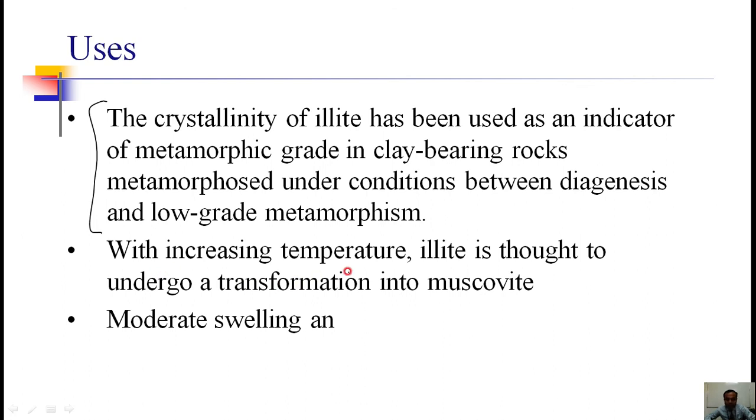With increasing temperature, illite is thought to undergo a transformation into muscovite. Muscovite is another mineral. When you increase the temperature, this illite will become muscovite, they say. Moderate swelling. Here the swelling is a very low type of swelling. Not no swelling, but a moderate swelling.